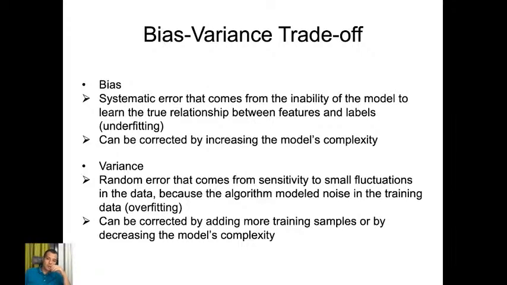And if you go to the other side, if we have high variance, then this is the random error that comes from the sensitivity to small fluctuations in the data. Your model has enough capacity to learn everything about the training data, but maybe some of your training data has some noise. For example, images can also have some noise on top, caused by the sensors that you use to capture photographs.